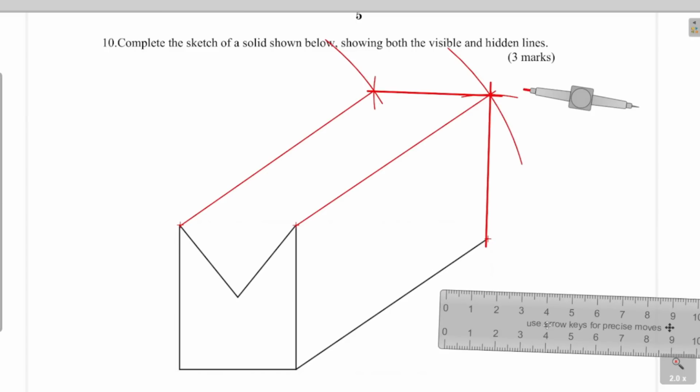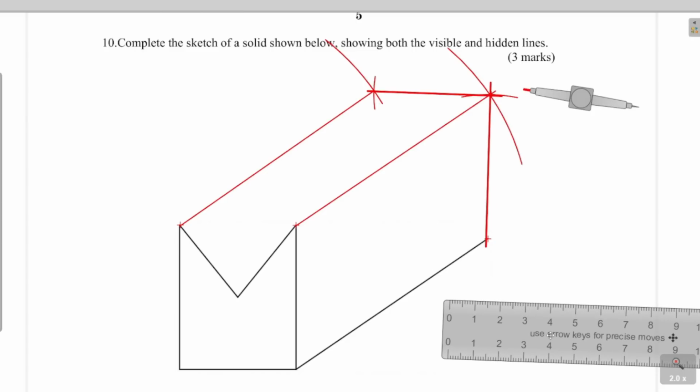And then now what is remaining is we have another one here. We have these lines. So you need to have these lines transferred to this point here. And also the hidden line, we can start with the bottom line that is passing through this point.